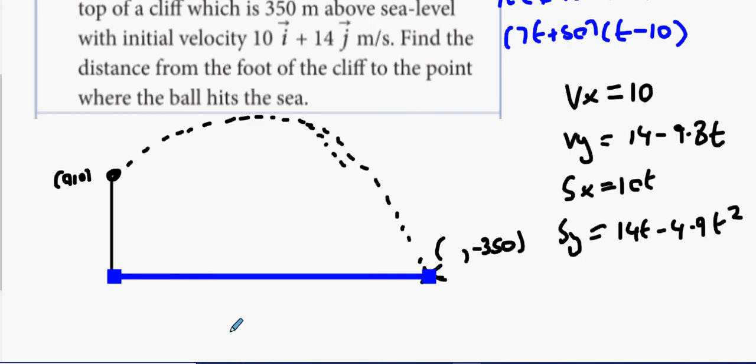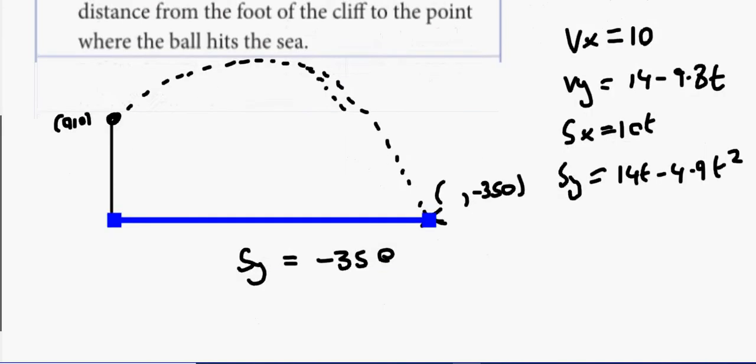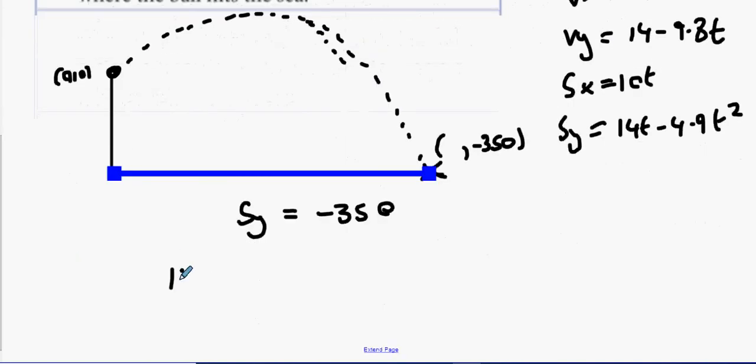Now, Sy equals minus 350. So 14t minus 4.9t squared is minus 350.